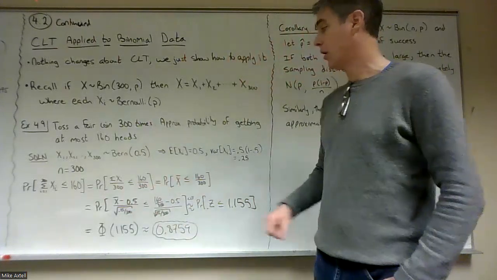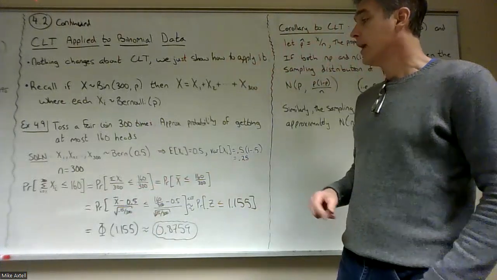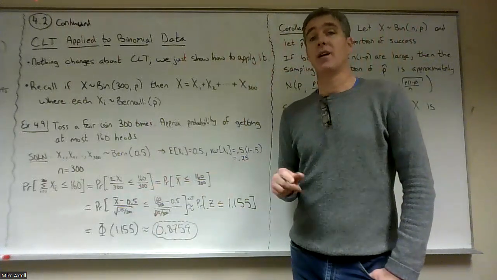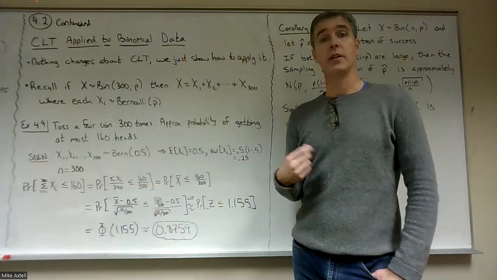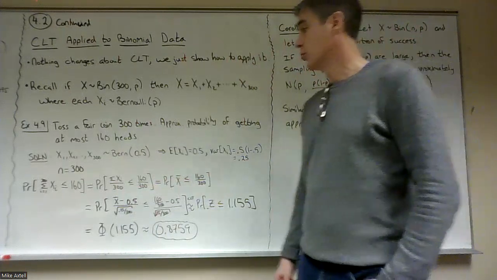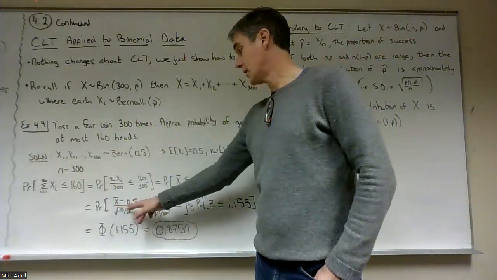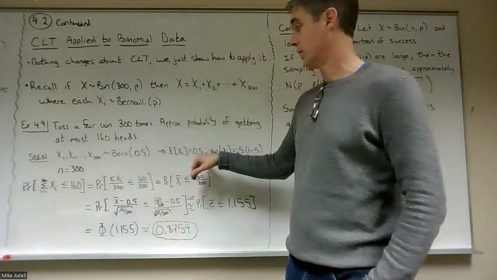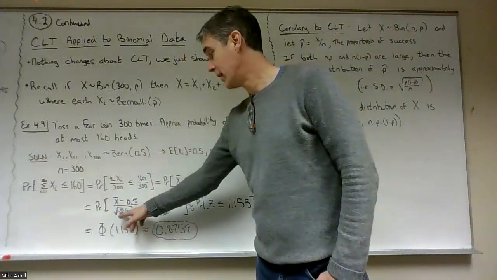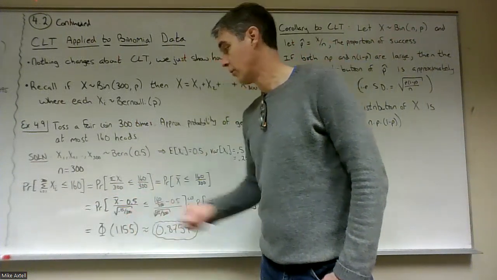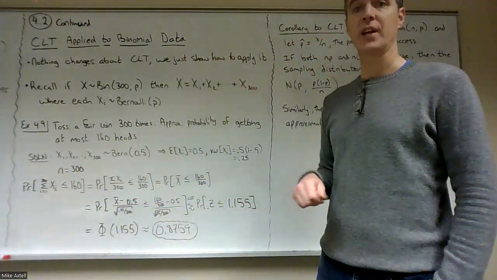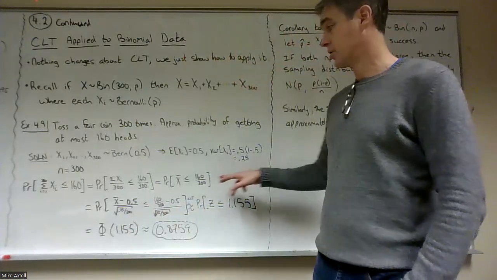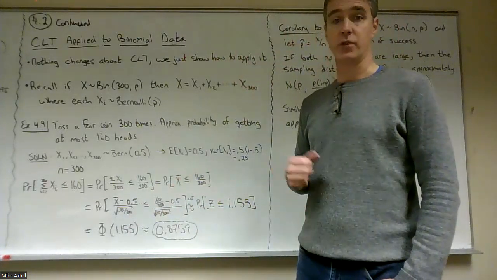That gives me an x bar and 160 over 300. And then I know that x bar is approximately normally distributed. So I'm going to subtract 0.5, because that's the expected value of the x i, and divide by the square root of 0.25 over 300, the standard deviation. And that's just straight from the central limit theorem.